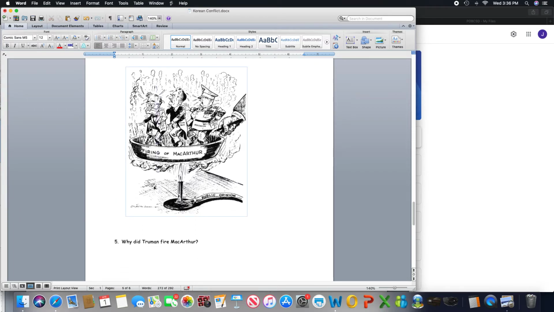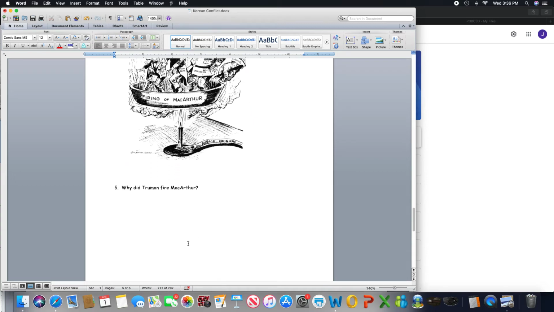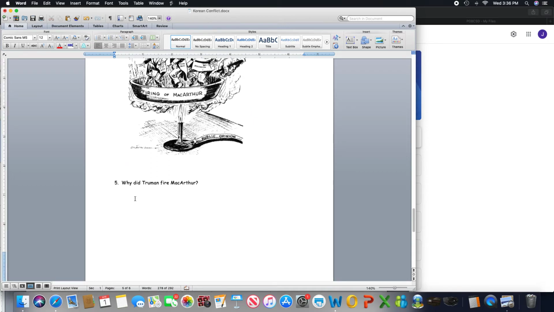Okay, this cartoon discusses the dispute between MacArthur and Truman, which we talked about a little bit, so I'm just going to write down our answer here, that MacArthur was being disrespectful towards Truman's plans.